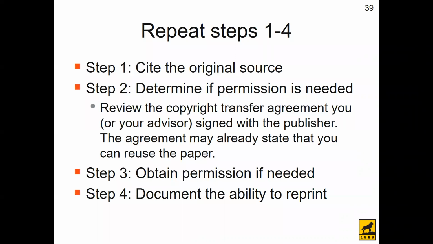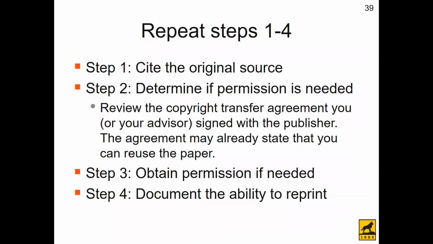And it's usually available for you or emailed to you, but only the corresponding author might have access to it, and they might be signing off on your behalf. So you might need to ask your advisor or the corresponding author, what does the copyright transfer agreement say? Because that agreement may already say that you can reuse the paper, and you might not need to do anything else to use that paper.